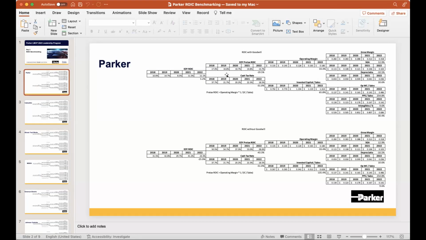You can see a disparity between their end of year ROIC and their pre-tax ROIC, and that can be explained by their cash tax rate decreasing by 51%, from 37.7% to 18.5%.